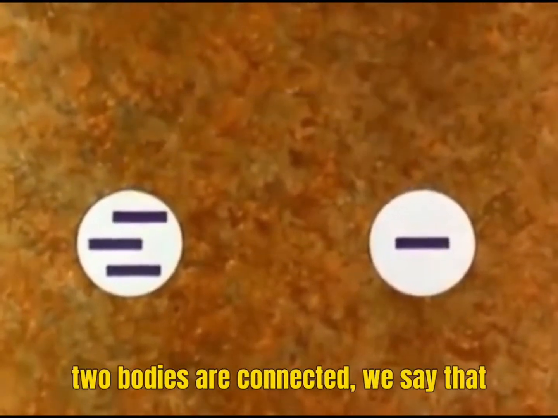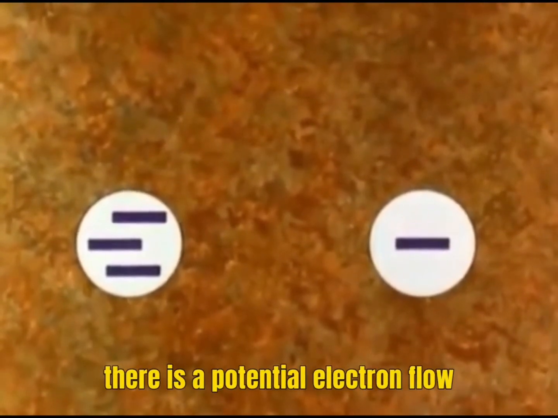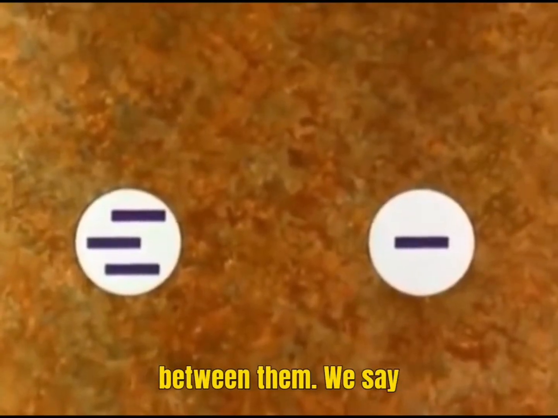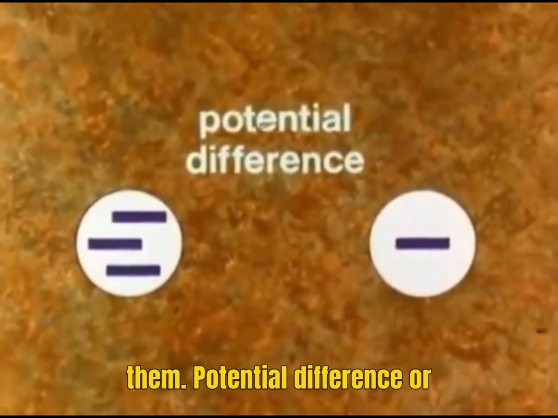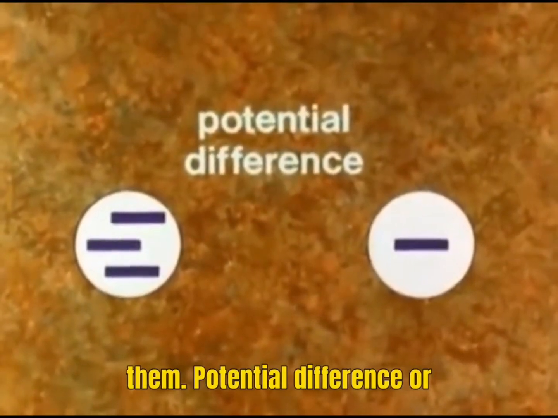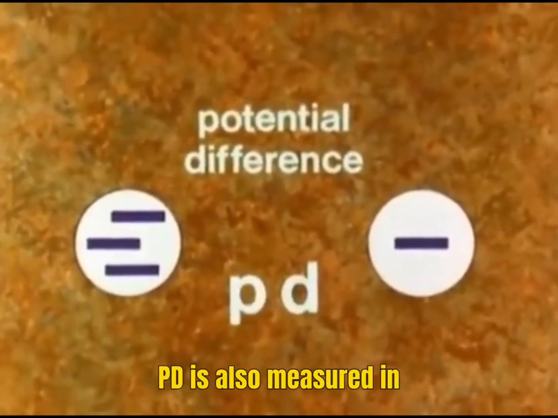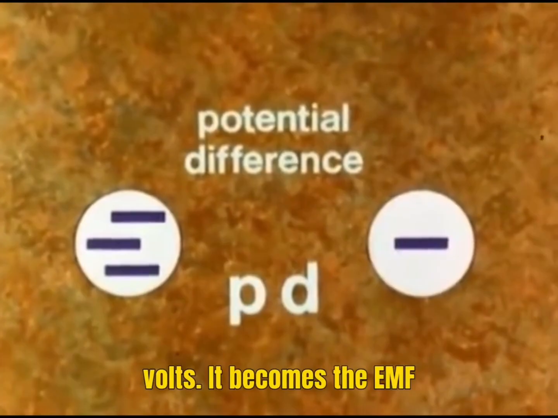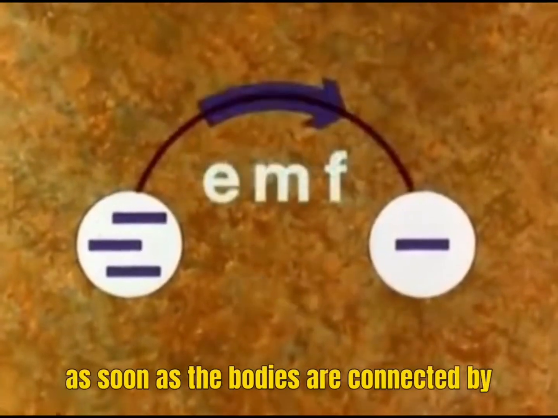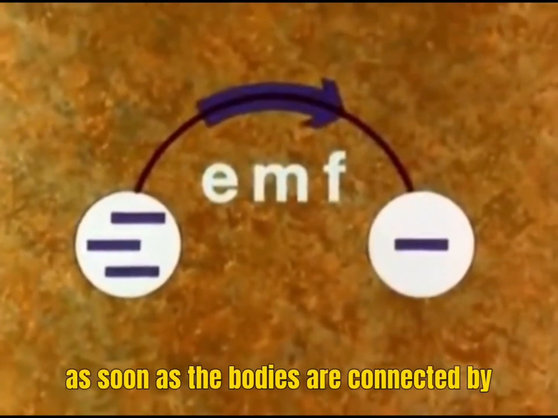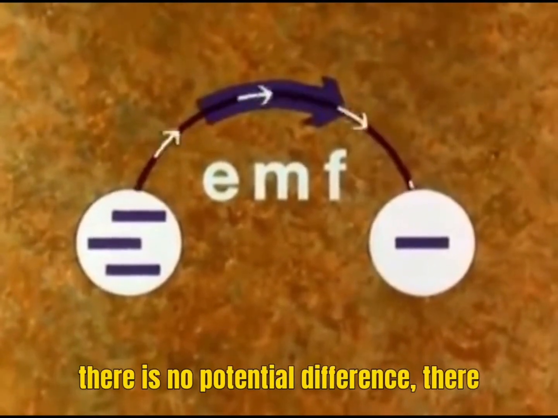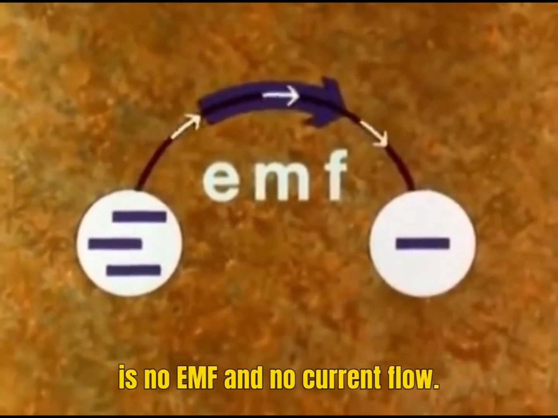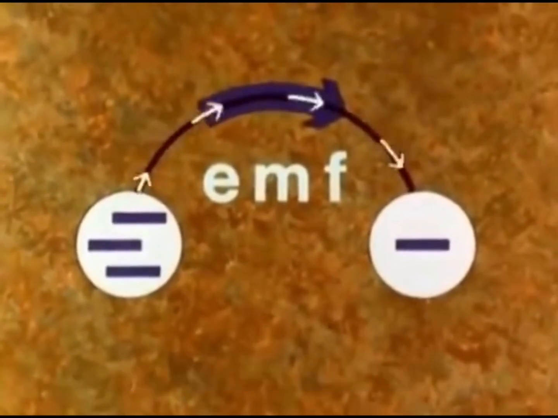Before the two bodies are connected, we say that there is a potential electron flow between them. We say there is potential difference between them. Potential difference, or PD, is also measured in volts. It becomes the EMF as soon as the bodies are connected by a conductor. If there is no potential difference, there is no EMF and no current flow.